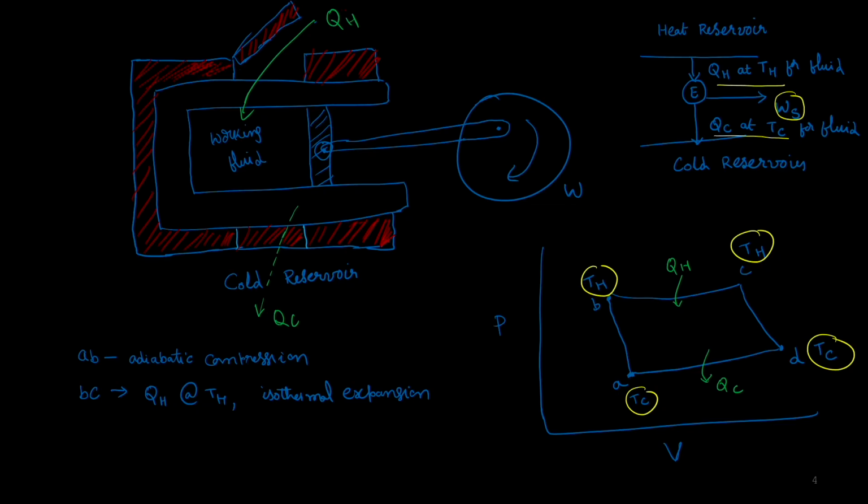We can very quickly do a first law balance on this process, right? And come up with the total net amount of work that is produced. Because it's a cyclic process, delta U for the whole cycle is 0, right? Which means W for the cycle plus Q for the cycle is 0, or W for the cycle is going to be negative of Q for the cycle.